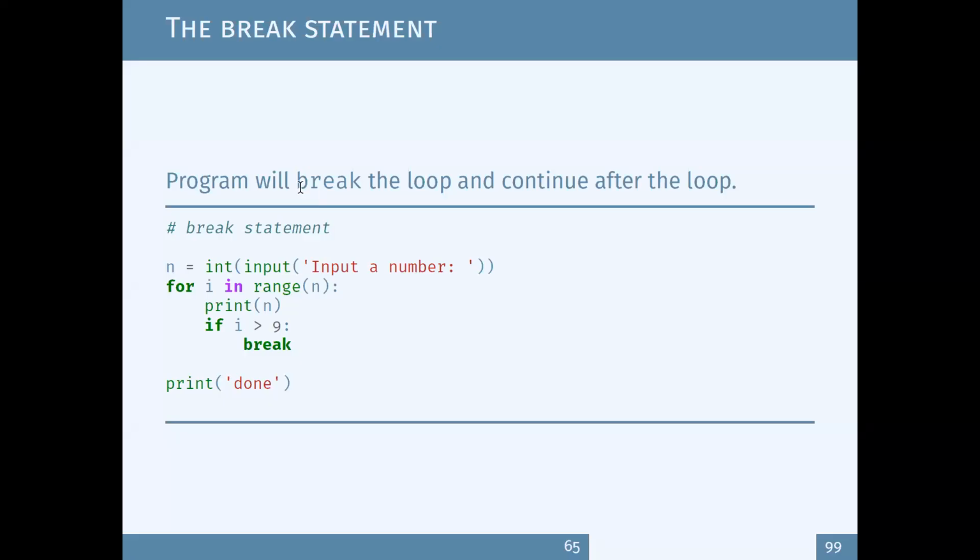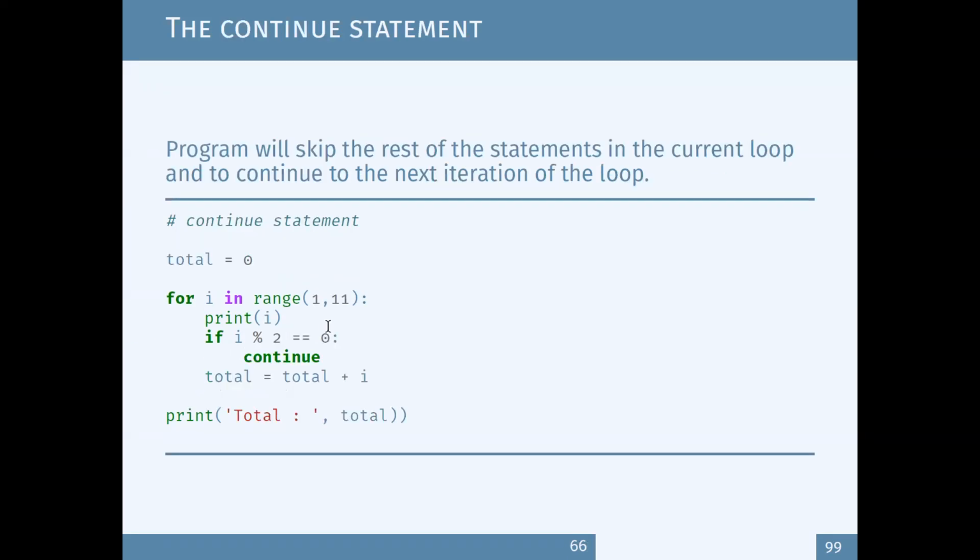Now that we have discussed the break statement: whenever Python meets a break statement inside the loop, it will break the loop. That's why it's called break, and you come out from the loop. Next one, the continue statement. The continue statement works like this.